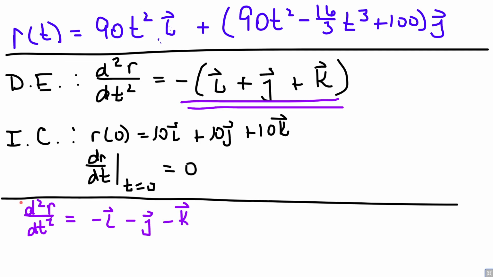So what I'm going to do first is to integrate each side. If I integrate the left-hand side, it's just going to become dr dt equals. If I take the antiderivative for the first term, what will I have?